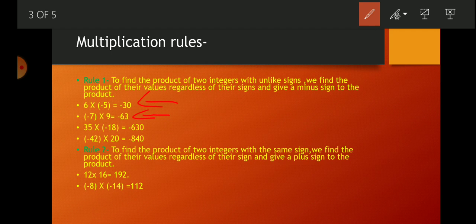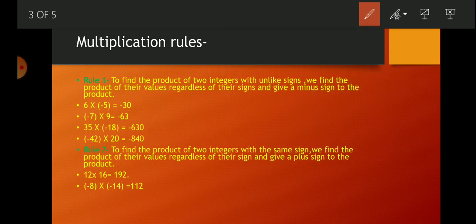If one number is 35 and the other number is minus 18, our answer is minus 630. If one number is minus 42 and the other number is 20, one is negative and the other is positive, so our answer will be minus 840.